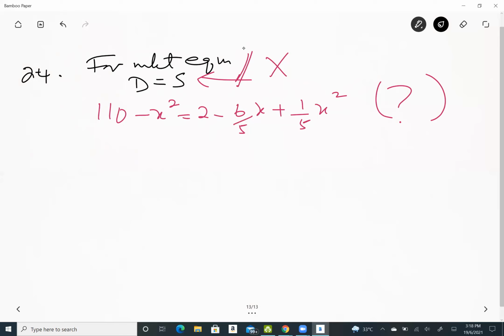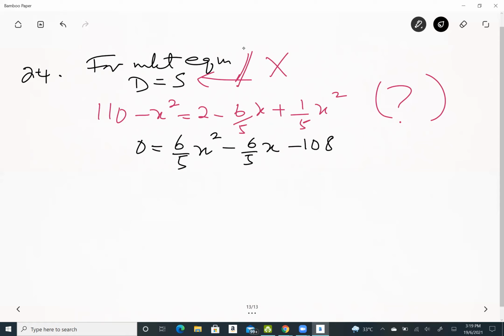And then what you do here is after that you simplify. So what we will get is 0 equal to, you bring everything to the left or to the right, and then I will get 6 over 5 x squared minus 6 over 5 x minus 108.